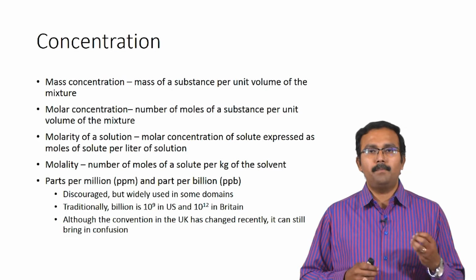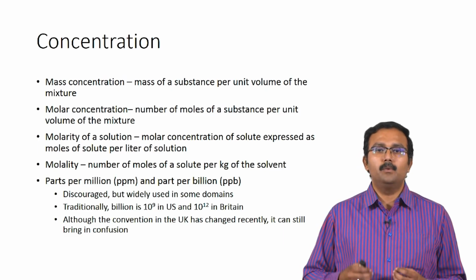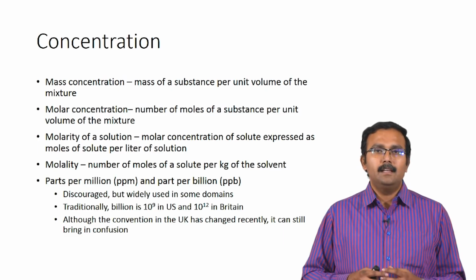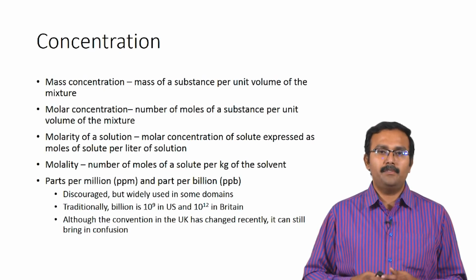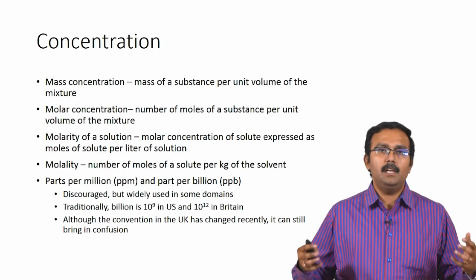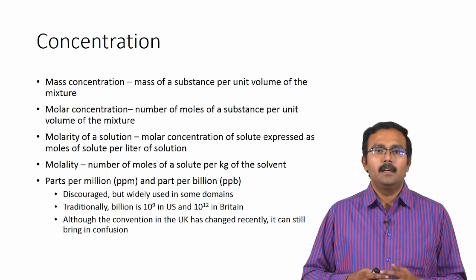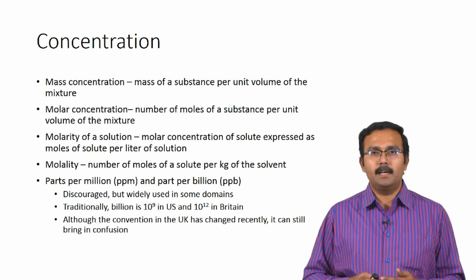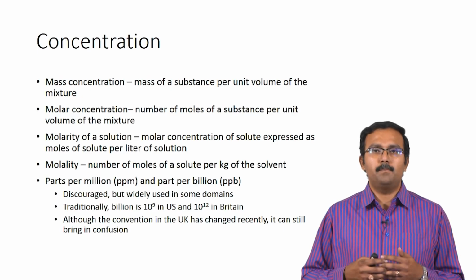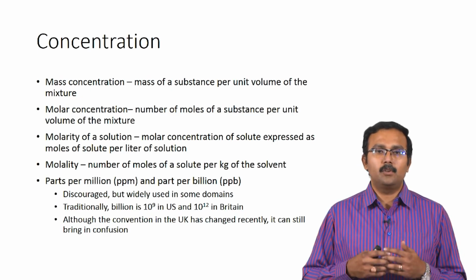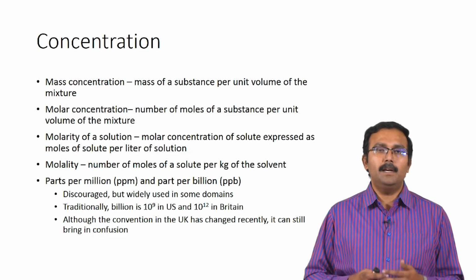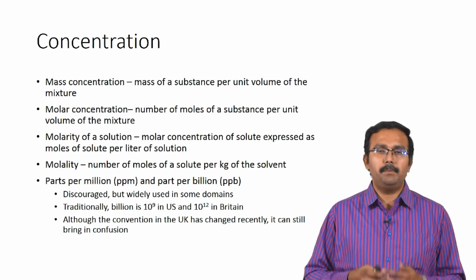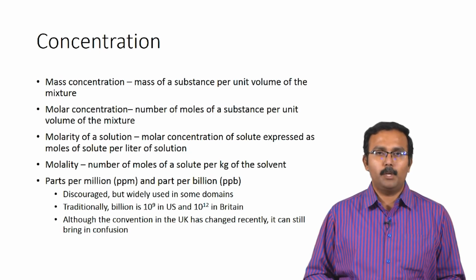You also have parts per million and parts per billion, which are also used. These are discouraged by the scientific community, but they are still widely used in many domains. Traditionally, billion in the US is 10^9 and billion in the UK is 10^12. This can cause confusion, and it is better to avoid ppm and ppb terms as much as possible.